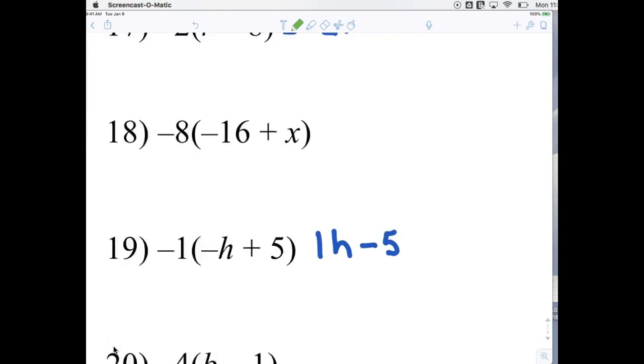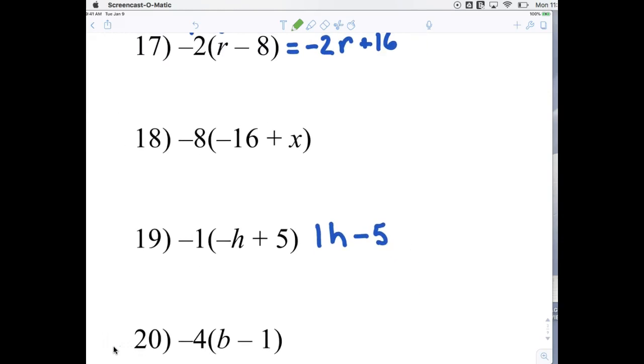All right, let's take a look at 18. Negative 8 times negative 16 is positive 128. I don't care if you use a calculator. And then negative 8 times positive x is what?